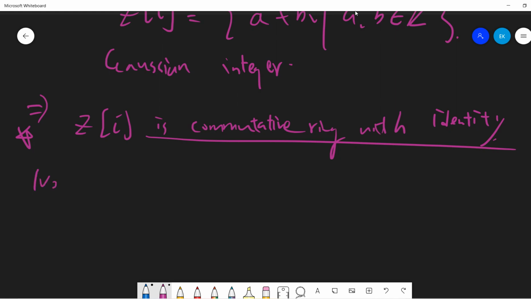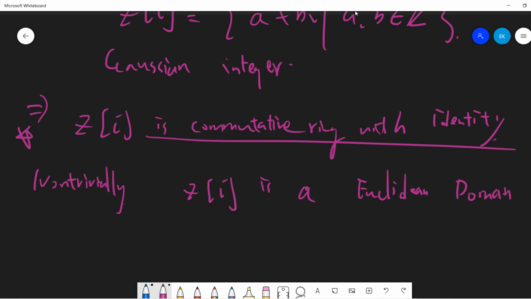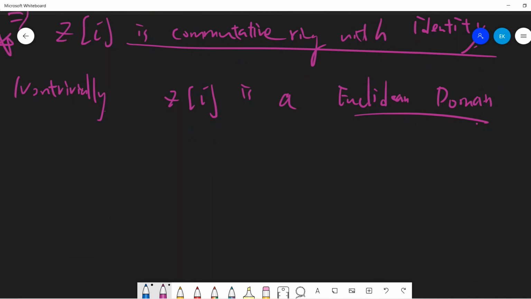But the non-trivial fact is that Z[i] is a Euclidean domain. Okay, so let me remind you what a Euclidean domain is. So basically, Z[i] is a subset of the complex numbers, right?